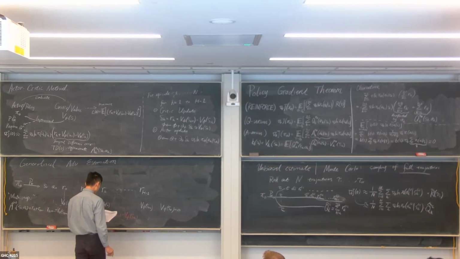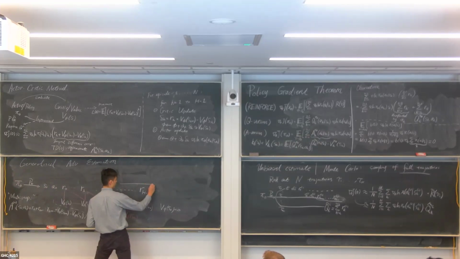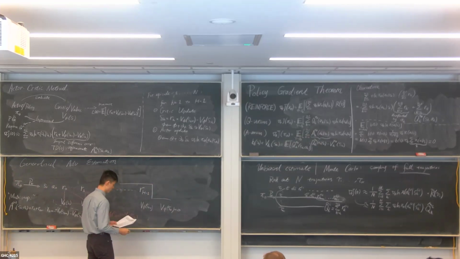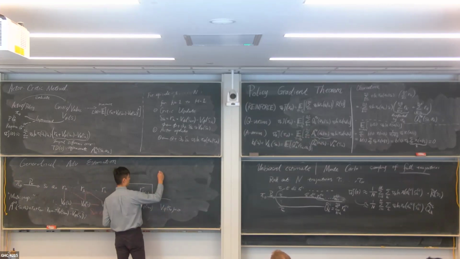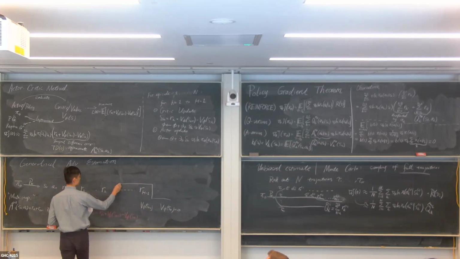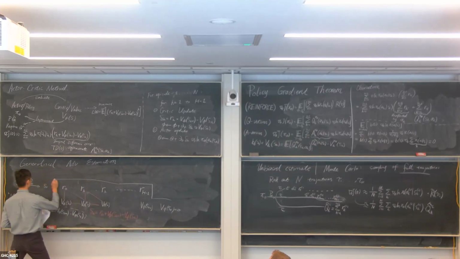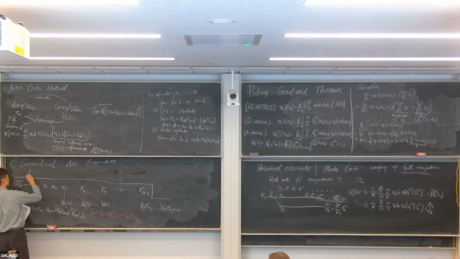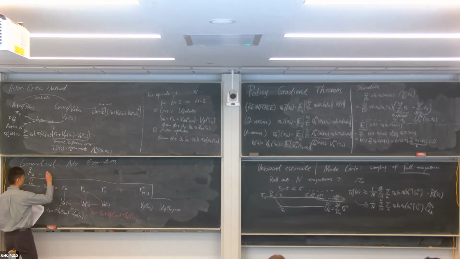So instead, a different way to estimate the advantage will be looking like this. Let me draw a line here. What's called the generalized advantage estimation usually takes an estimator that looks like the following.